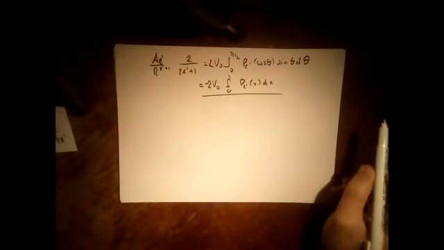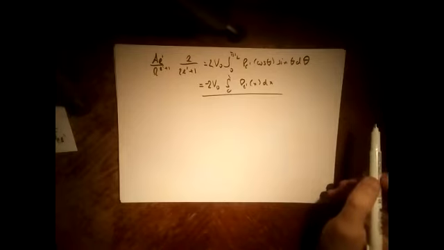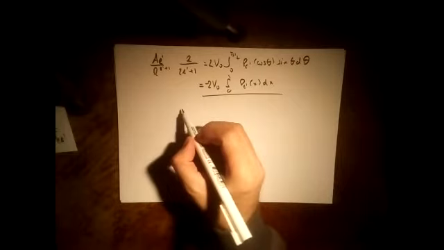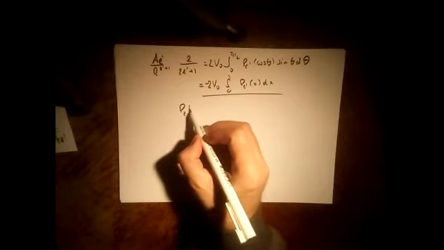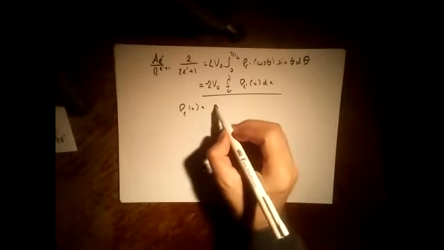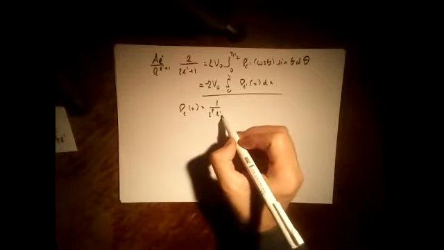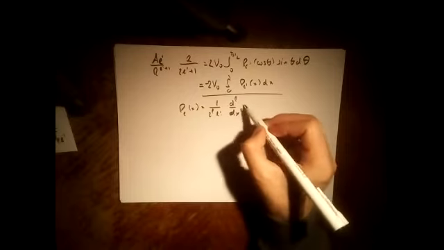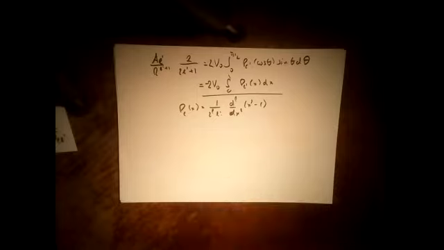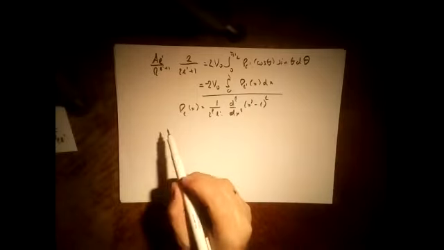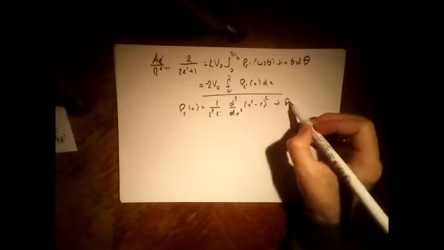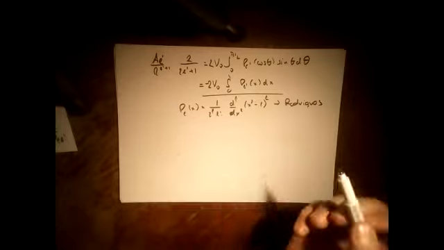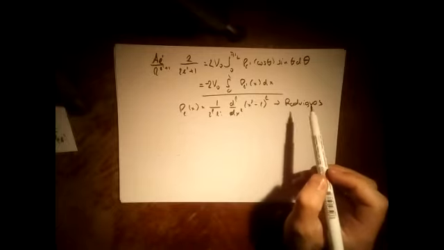So I will solve this for the first few L primes. But one way we can proceed is to say that P_L(x) is 1 over 2^L L factorial times d^L/dx^L of (x squared minus 1)^L. This is the Rodrigues formula, which gives the Legendre polynomials.